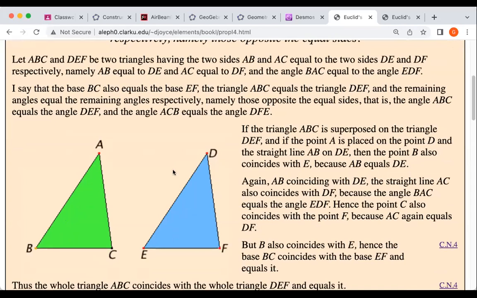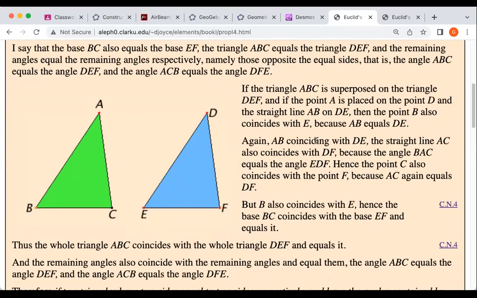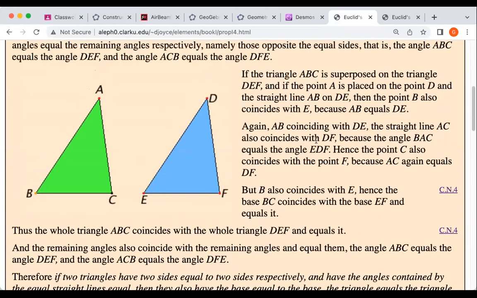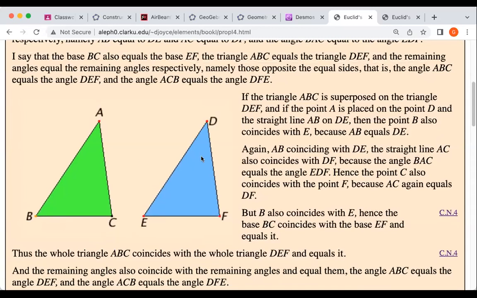If triangle ABC is superimposed on triangle DEF, and if A is placed on D, and AB on DE, then the point B also coincides. You see, that's not a proof. If we put them on top of each other, they would be congruent, obviously, he says.